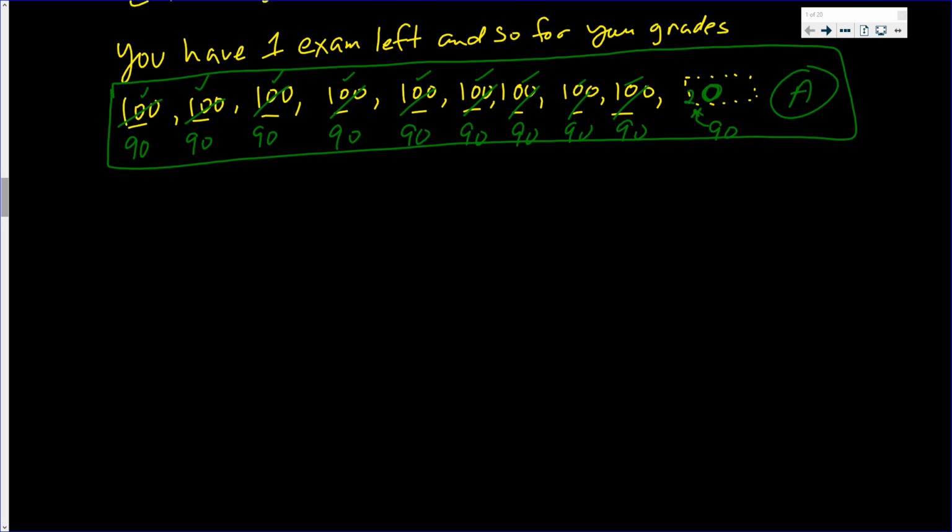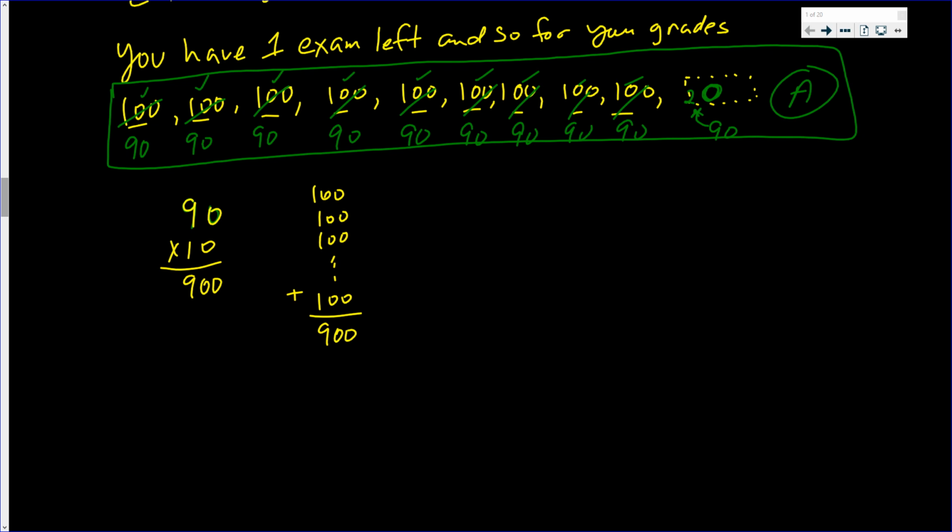So one way of doing it is you have 10 exams and you want to get at least a 90 average. So you need 900 points. Well, you have 100, 100, 100. I'm not going to write them down 9 times, but make believe there's 9.